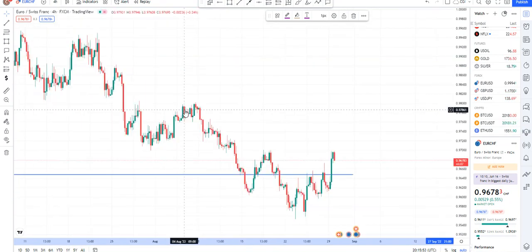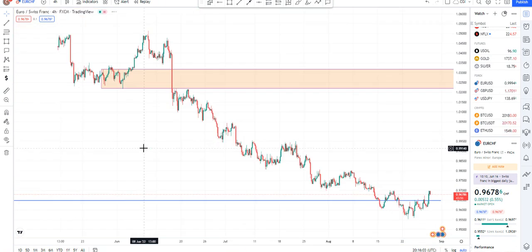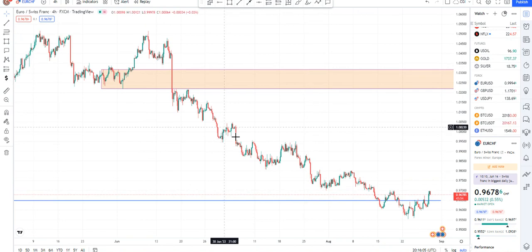Okay, so we have the move here. This is a very strong movement of price. We have that strong one up here. These two were basically never mitigated or covered up.